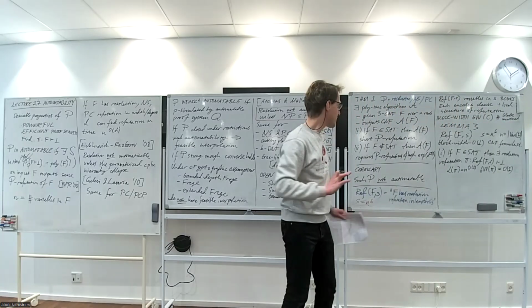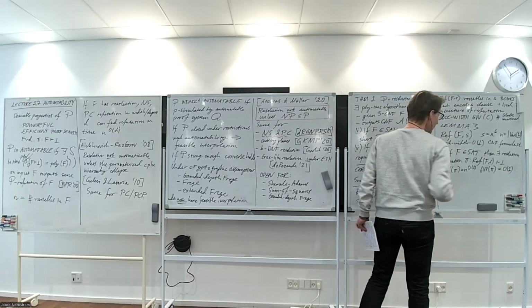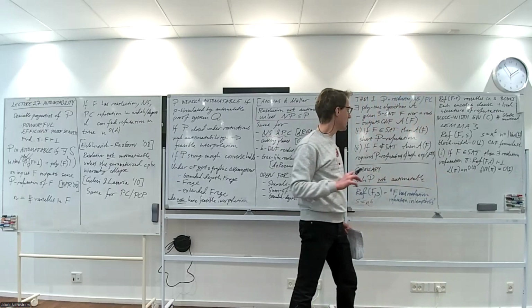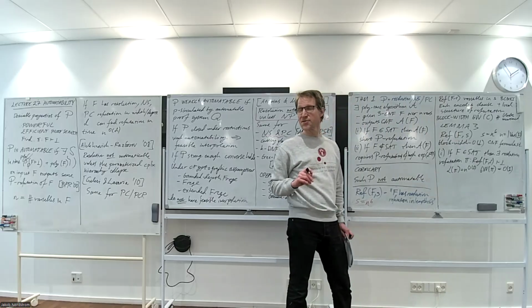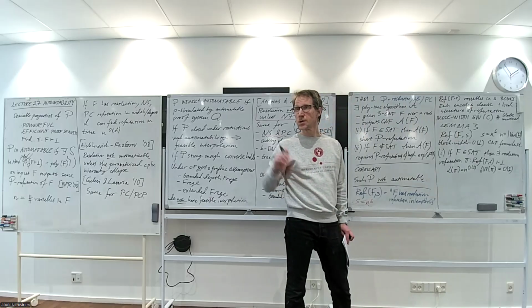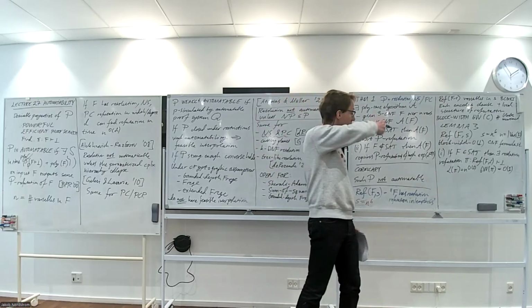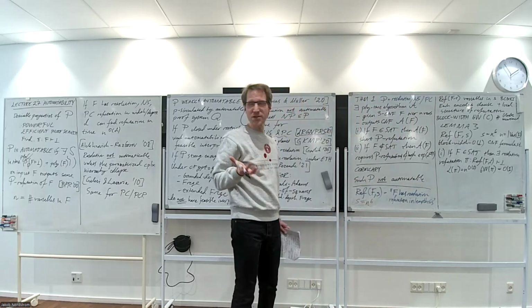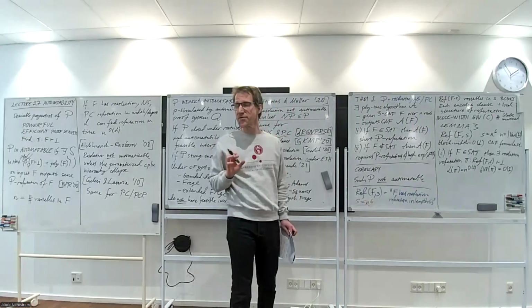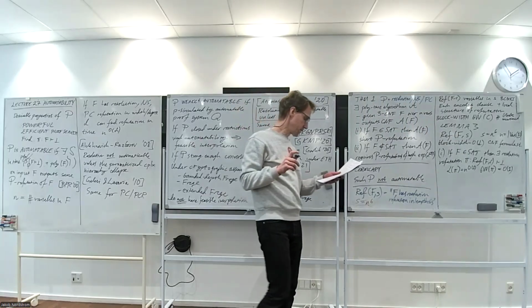So I'm claiming that if F is satisfiable, then the claim that F has a refutation is very easy to refute. It's easy to refute the claim that F has a short refutation because it's so obvious that F doesn't have a refutation. I mean, it's satisfiable.